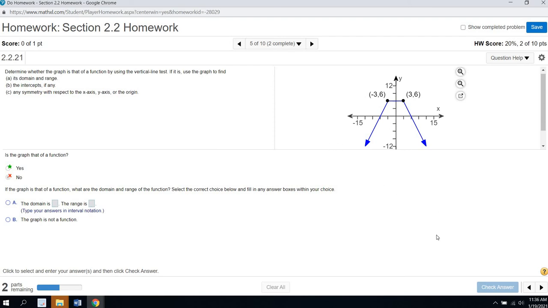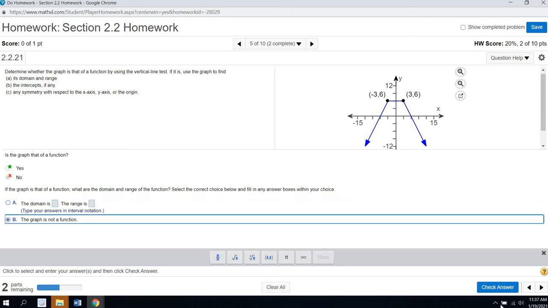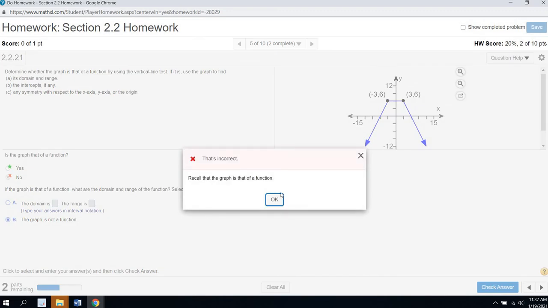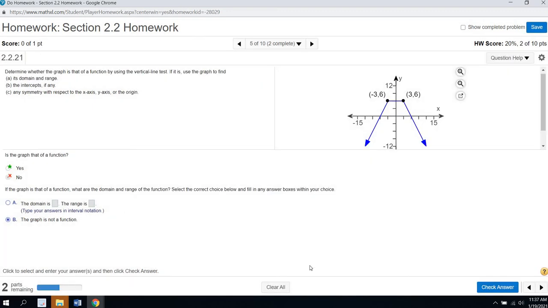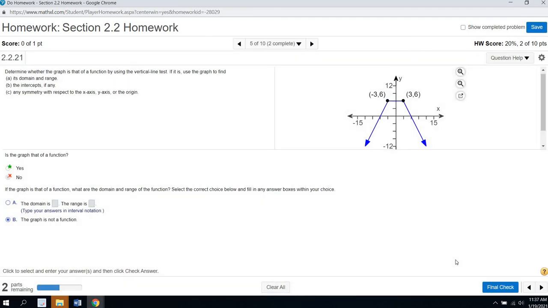So let me show you what you do if you need to redo a question. I think you have to finish this one. But you could just choose the graph as not a function. Check answer, because it's going to give you partial credit for that. And then check answer. And check answer.